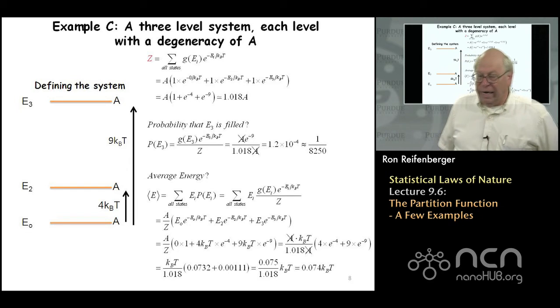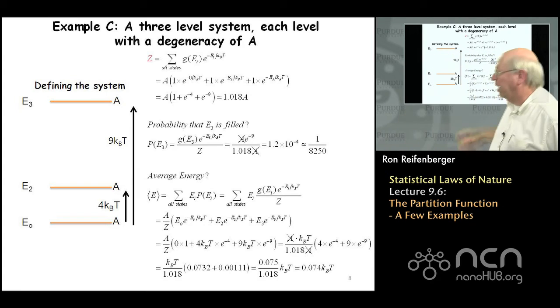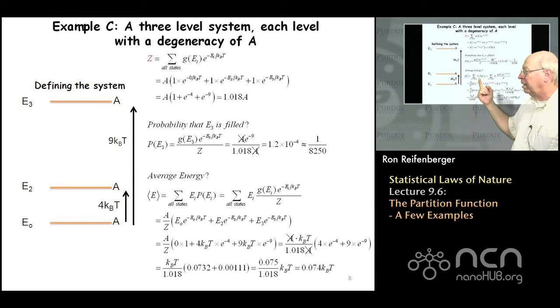The other question I can ask is, what's the average energy of a particle in this system? Well, the average energy is going to be expressed by the energy of each state times the probability that a particle is in that state. I've already worked out the probability that the particle is in that state, so you just have to include that in the sum, and you have to subscript the energies now with the appropriate subscripts for each energy level.